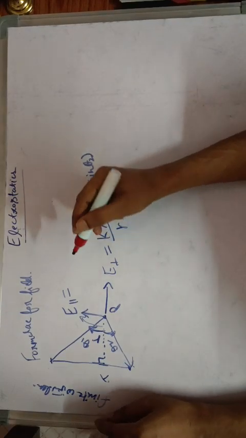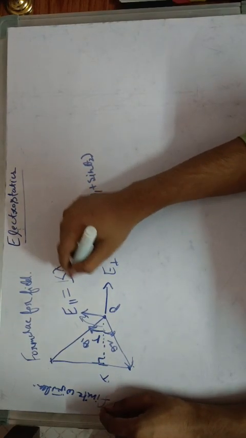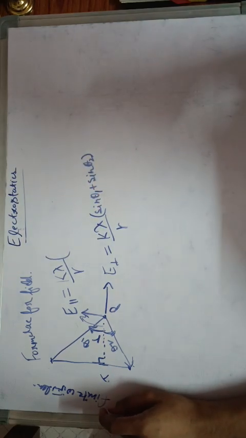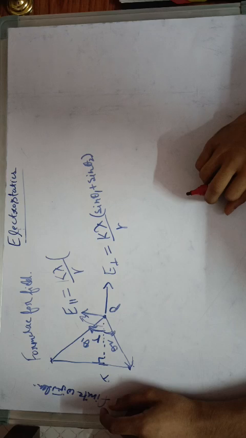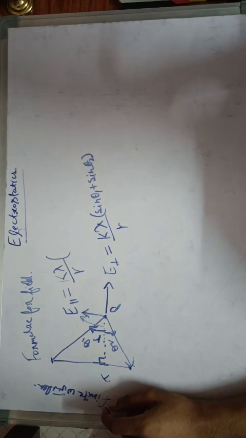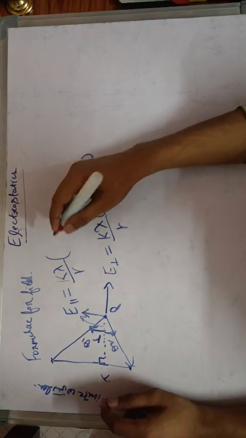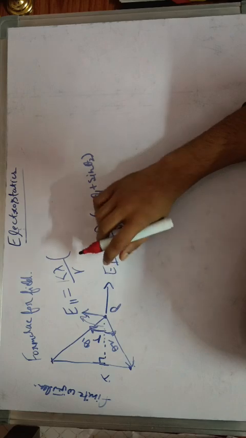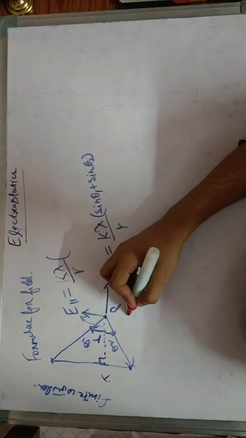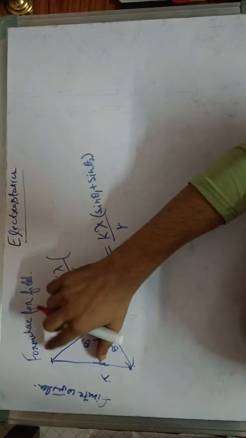Now E parallel is given by K lambda by R times a bracket. The formula will be like this: if the charge is more on this side, then the field would be more on this side, and if the charge is more on this side, then this angle would be greater.